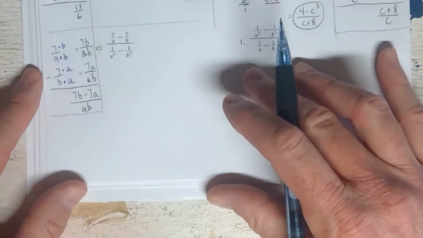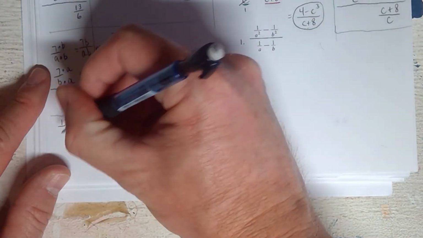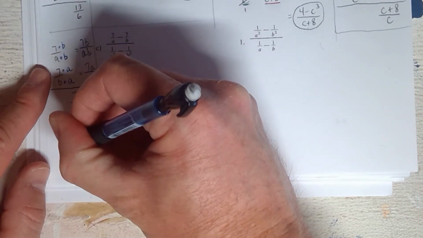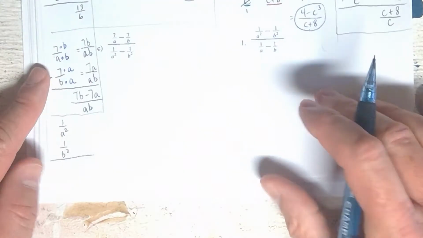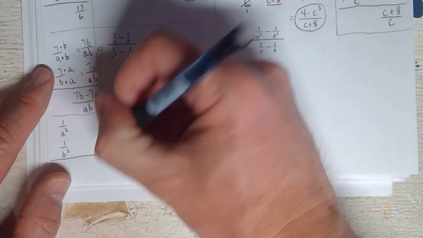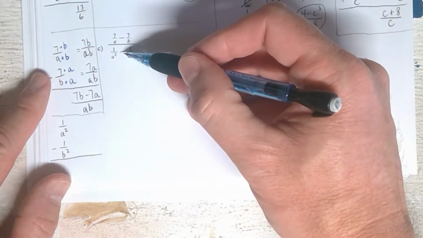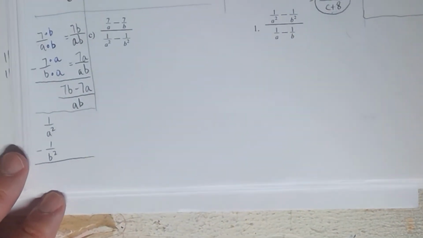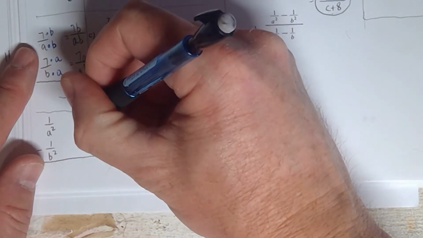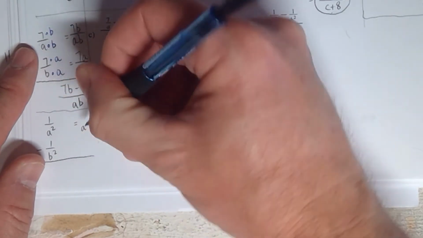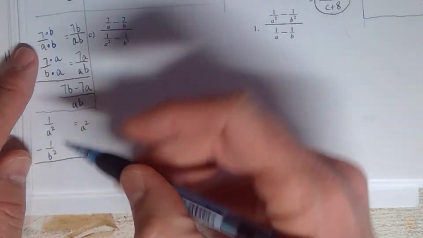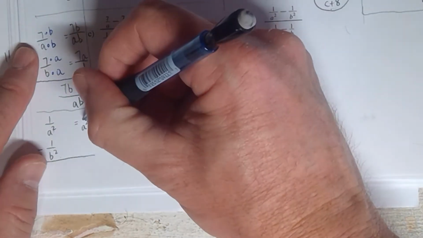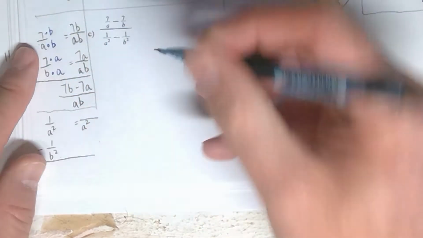The bottom part is similar. We're going to do 1 over a squared minus 1 over b squared, like that. And it is subtraction. What is the LCD here? The LCD is a squared, because you have a squared and no a at all, and that means the biggest exponent for a is a squared.